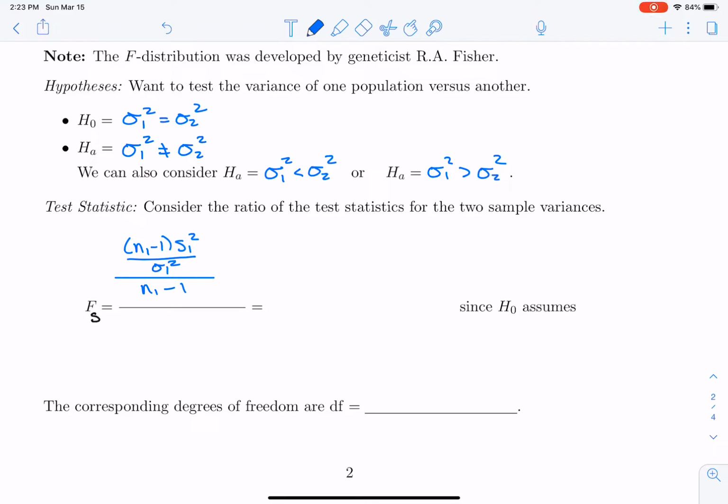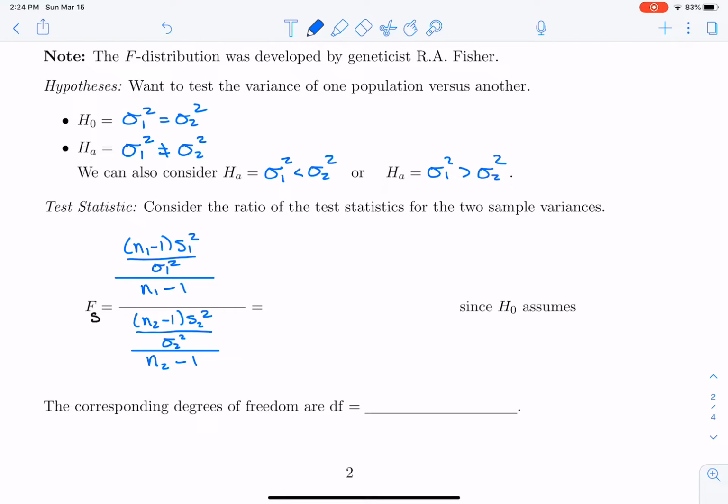And so you can think about this as being W1 over degrees of freedom. And then we're going to take n2 minus 1 times S2 squared divided by sigma 2 squared and divide that by n2 minus 1. And you can think about this as being W2 divided by degrees of freedom.